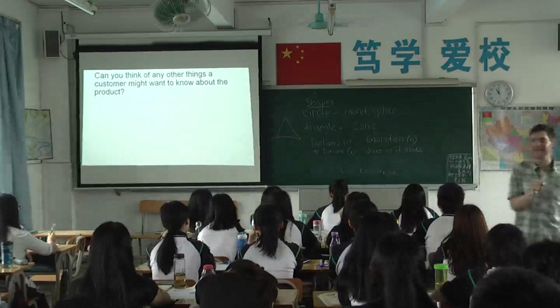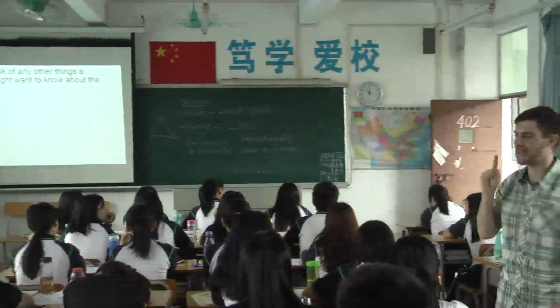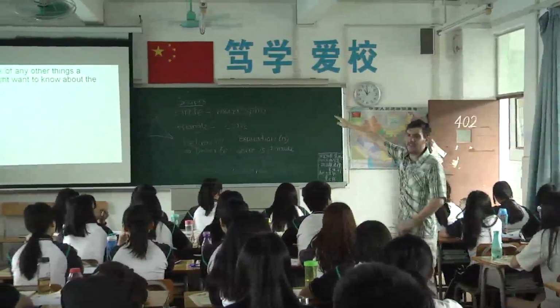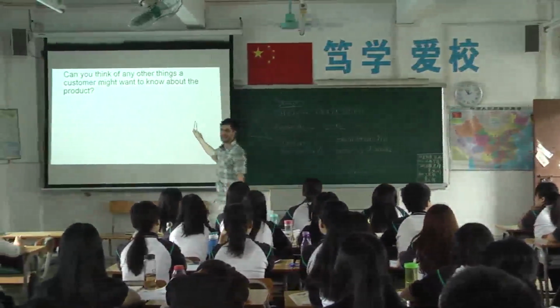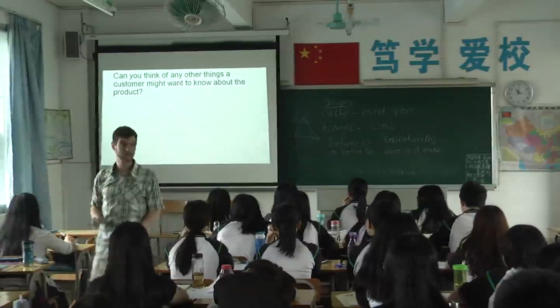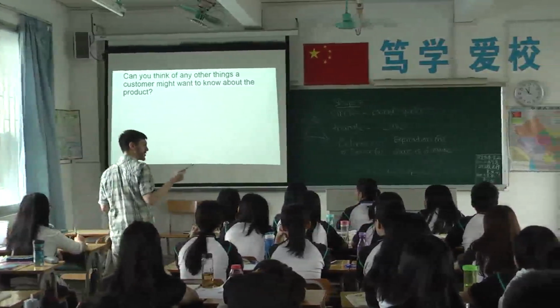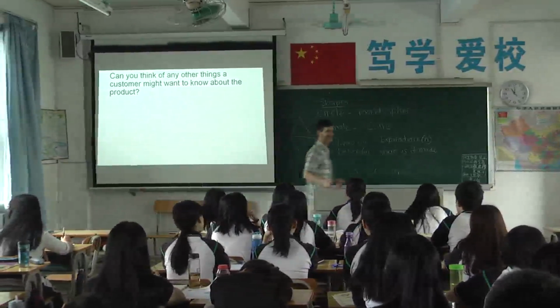What if you buy a very expensive electronic product? Maybe a big TV, the size of this. You spend 10,000 kuai on a TV this big. What is something you might want to know? Discounts? After sales? What does this mean? Insurance.